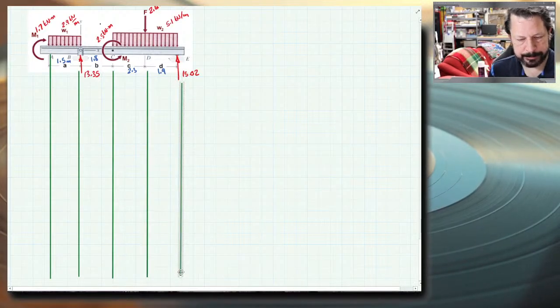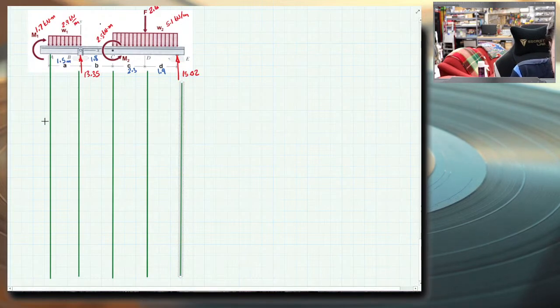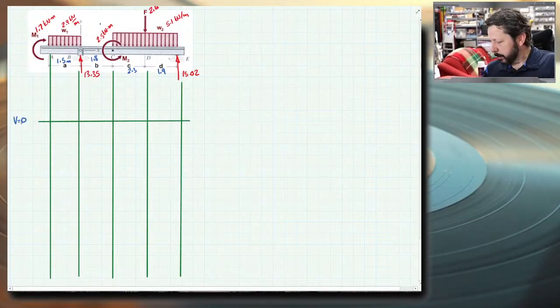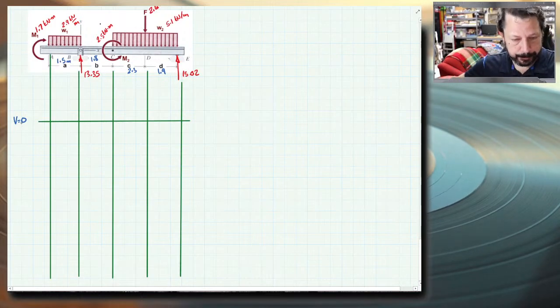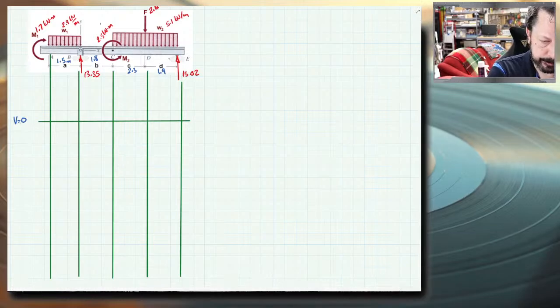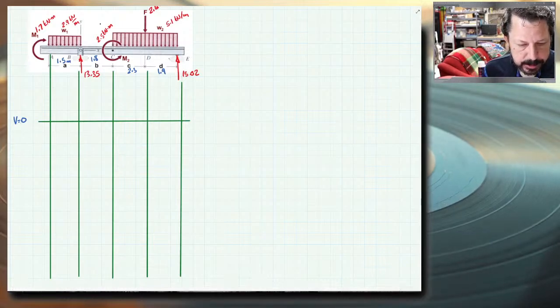We know what they represent. Let's do a horizontal one for where V equals 0. All right, so let's start drawing this. Let's draw it in blue. So we start at 0.